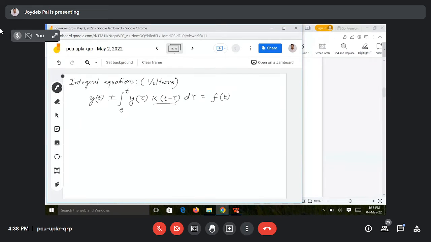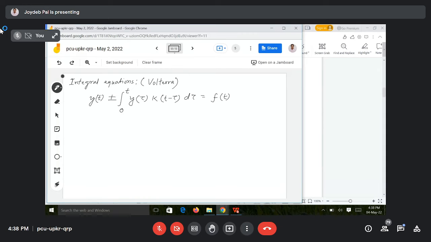K of t minus tau, this term. So the form of the integration should be y(t) plus or minus the integral with limits 0 and t of y(tau) k of t minus tau, a function of t minus tau, d tau is equal to f(t).